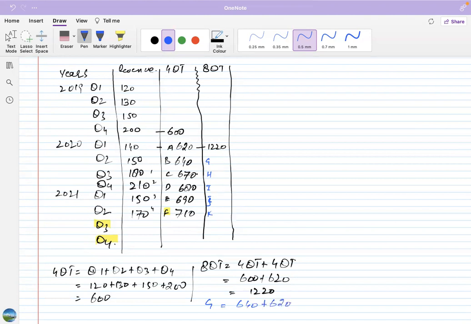The answer is 1260. That 1260 shows that there are two values that have been added into this. One is 640 and the second is 620, second and first. So in this way, we can calculate the rest of the values.